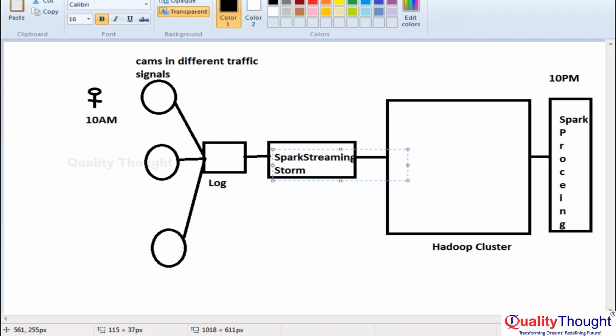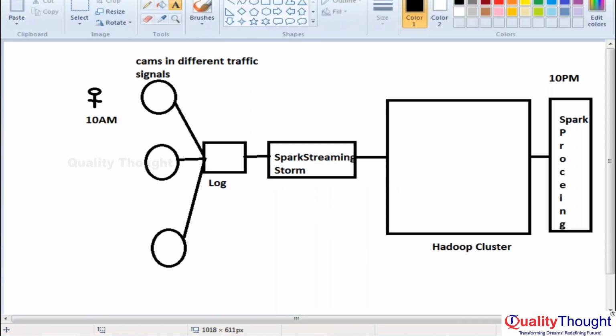Yep. So we are discussing just streaming here. If you use Spark streaming or Storm streaming, you can apply live analytics, meaning micro batch analytics. Every 5 seconds or 10 seconds, we can run analytics, so that if it finds any suspicious person, it immediately provides information about that person. Based on this information, we can send signal information to the next traffic signal police so that they can capture this suspicious person.